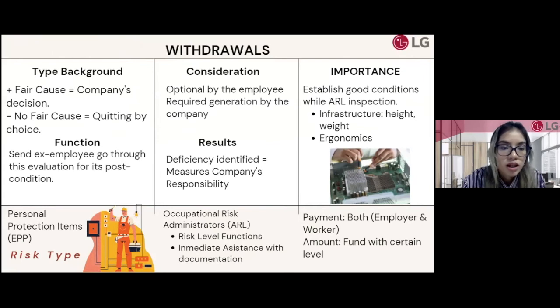Okay, and its function is that we need to send the ex-employee through this evaluation for their post-contract condition. Okay, and well, if the results are good, nothing happens, of course. However, if in the test there's something bad or a deficiency is identified, it is necessary to measure how much responsibility we as a company are going to be taking towards it.